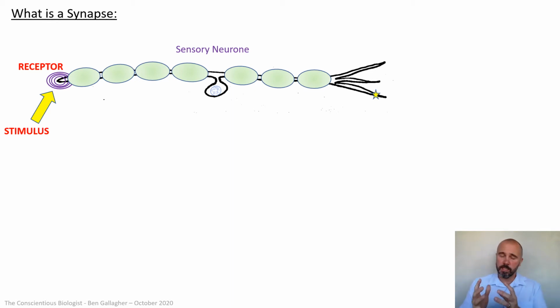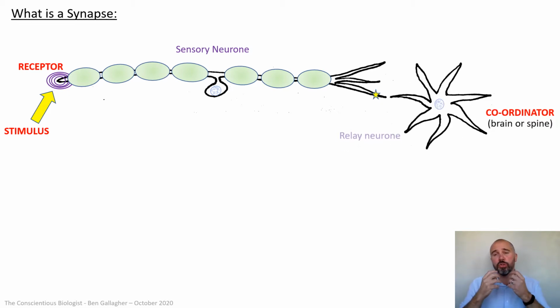Now the next thing that needs to happen is the signal needs to jump onto a relay neuron, because it's the relay neurons that make up the coordinator, and the coordinators can be the brain and spine. They're used for different functions, which we explained in the last video.